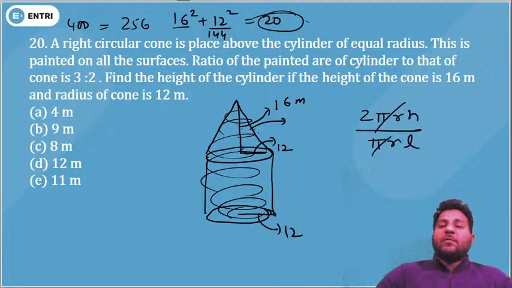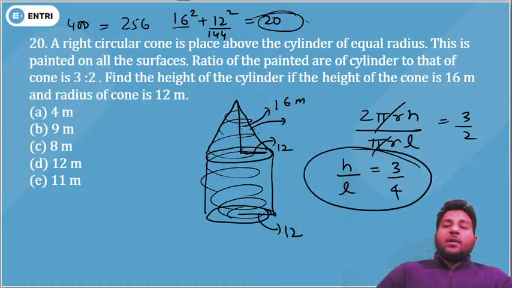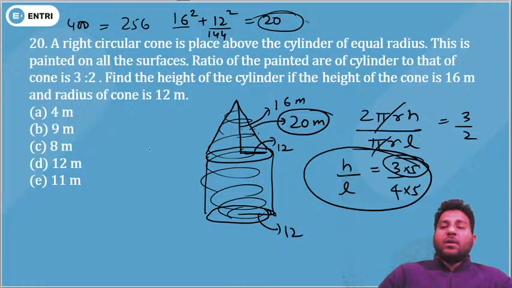So this pi r will be eliminated and height and slant height ratio will become 3 by 4. Now we have got 20 meter as the slant height, which means let's multiply it with 5. So height of the cylinder will be what? It will be 15.